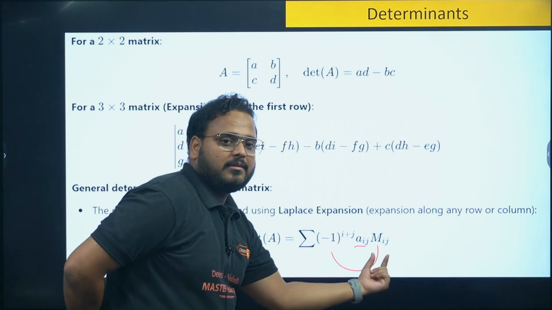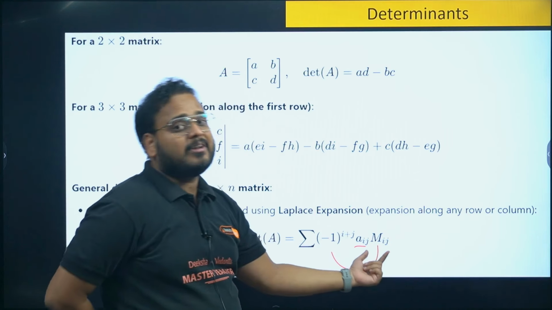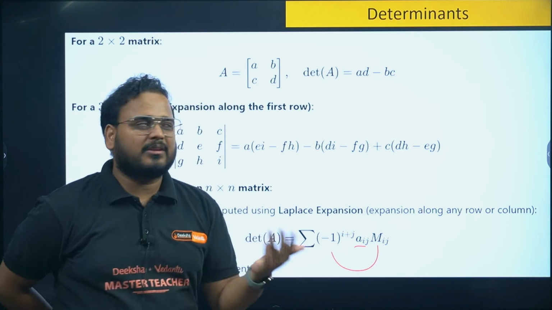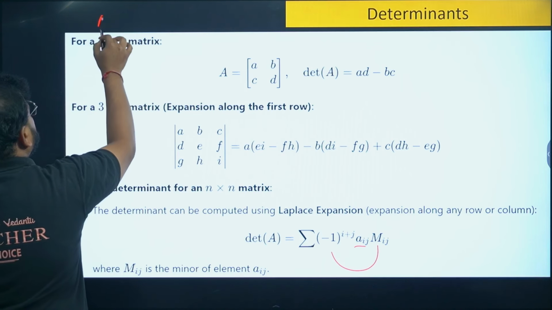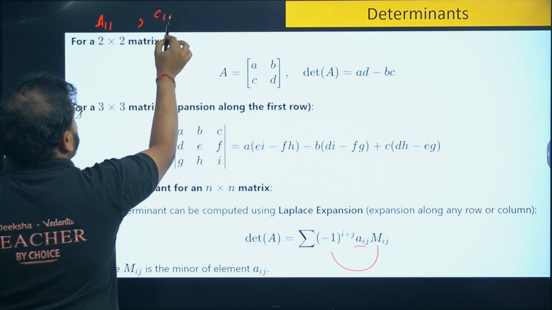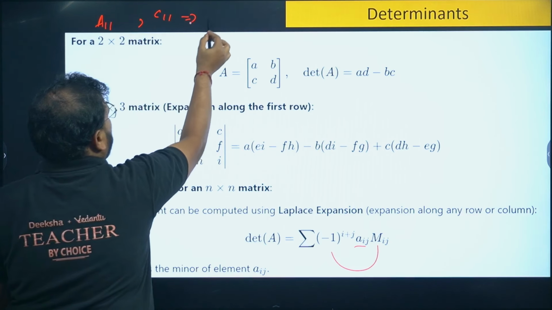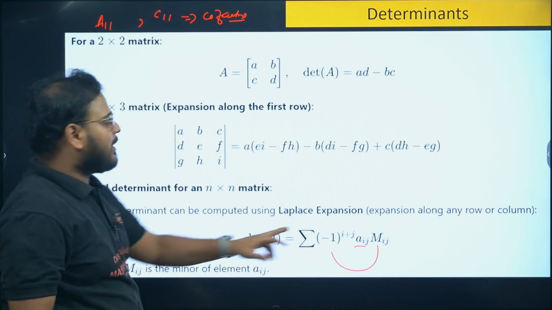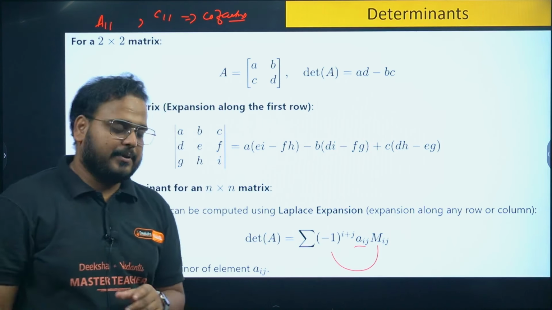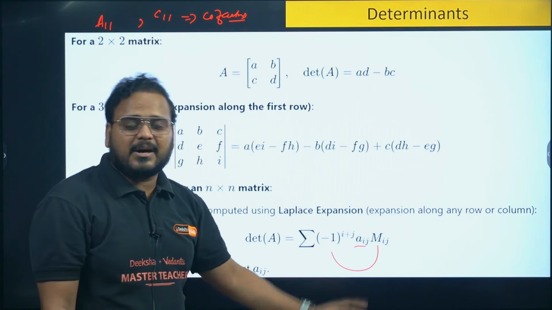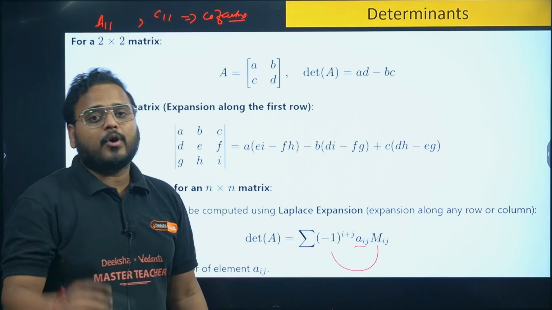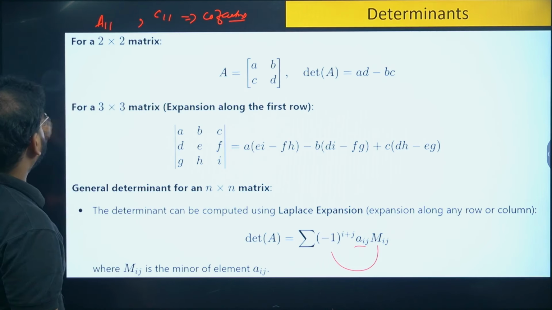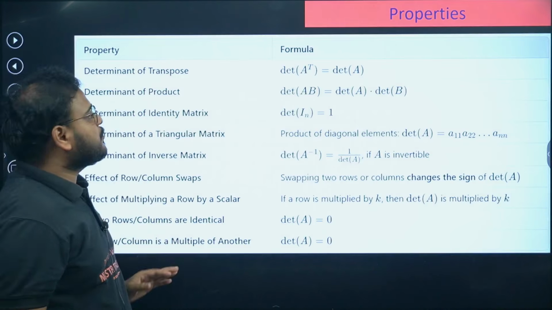You take A11 with capital A11, that is the symbol for cofactor. You write it as this, or sometimes you write it as C11. Both represent what? Cofactors. What is cofactor? Simply writing Mij with minus 1 power i plus j. So product of that taken as a sum will become your determinant value directly. Please check.